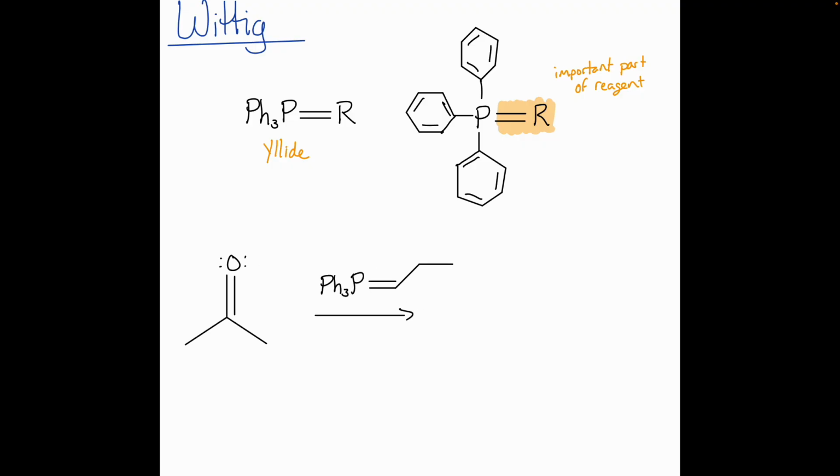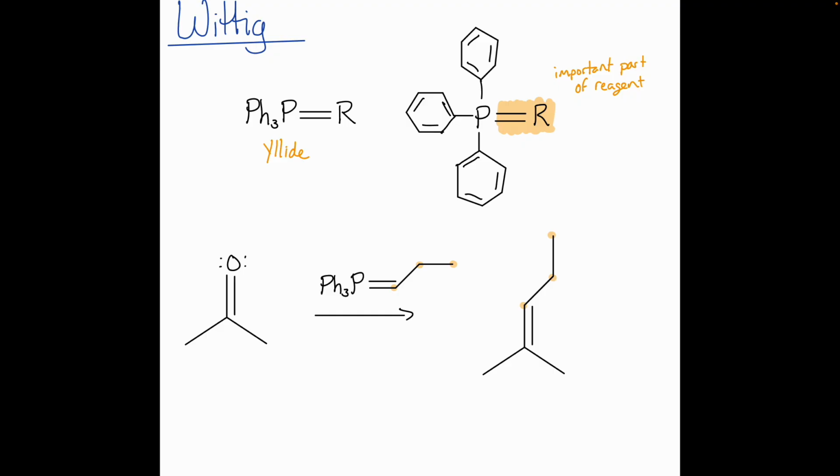All right, in these Wittig reactions, we're going to replace that carbon-oxygen double bond with a carbon-carbon double bond, forming an alkene product, where we've added these, in this case, 1, 2, 3 carbons from our Wittig reagent, from our ylide, onto our aldehyde or ketone.